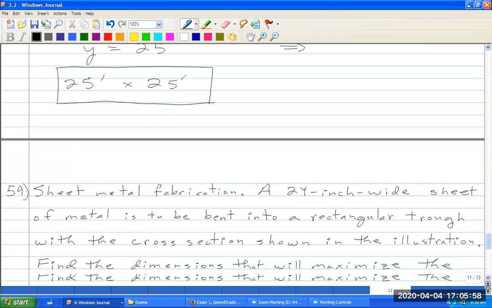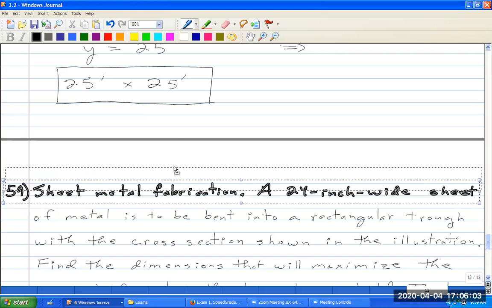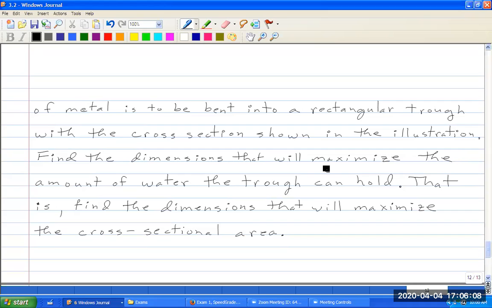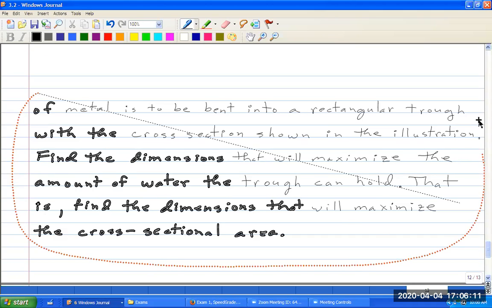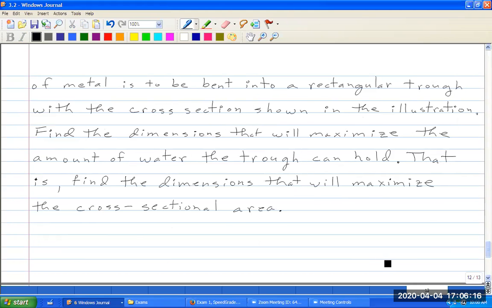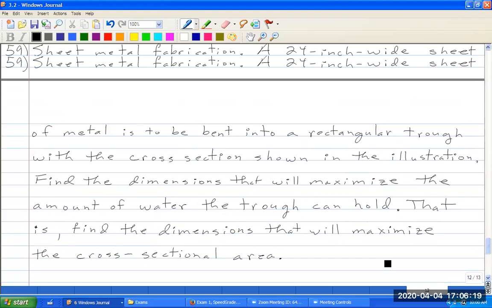Okay, let me do problem number 59. Sheet metal fabrication. A 24-inch wide sheet of metal is to be bent into a rectangular trough with the cross-section shown in the illustration.